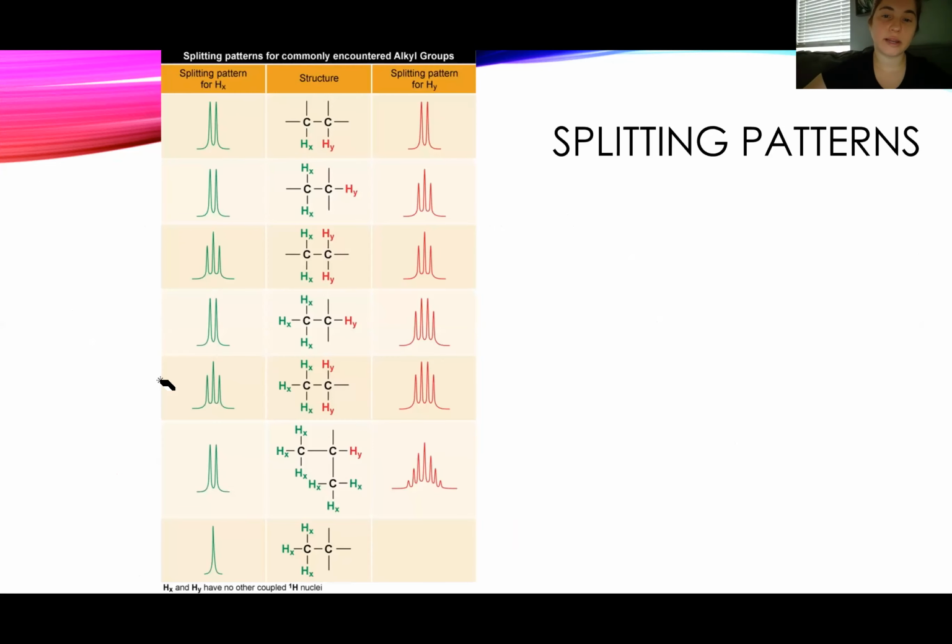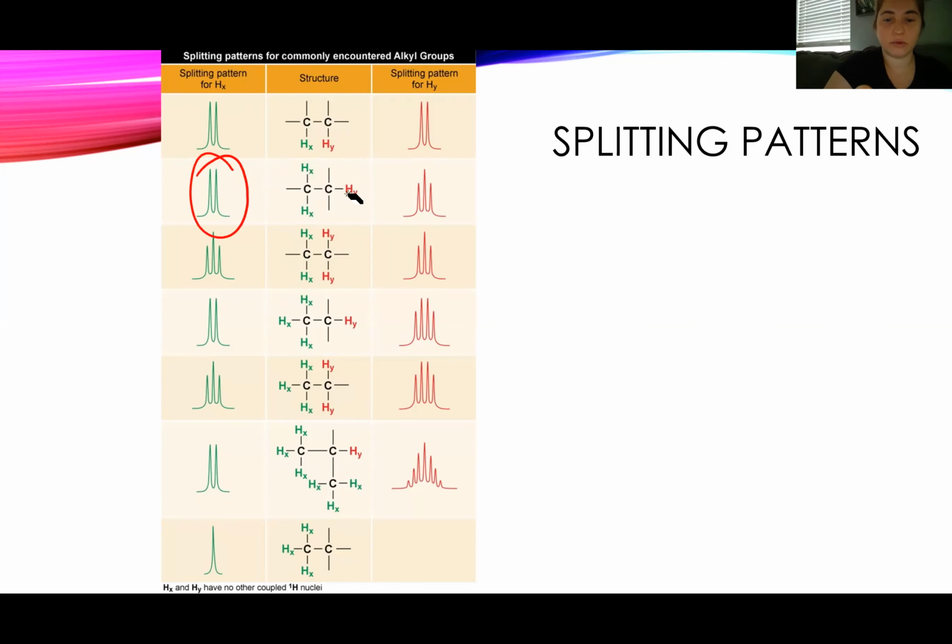So there are some splitting patterns that you can hopefully start to recognize. When you have two tertiary carbons next to each other and you have two unique methine protons next to each other, they each only have one neighbor, so they will each show as a doublet. If you have a CH2 group next to a CH, a methine, the CH2 will appear as a doublet because they have one neighbor.